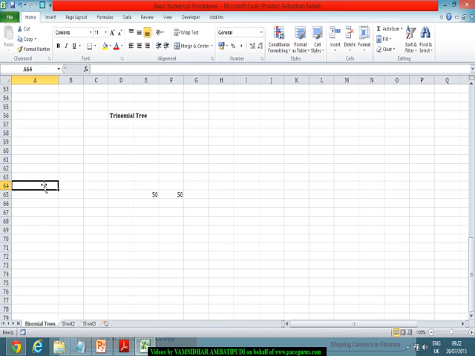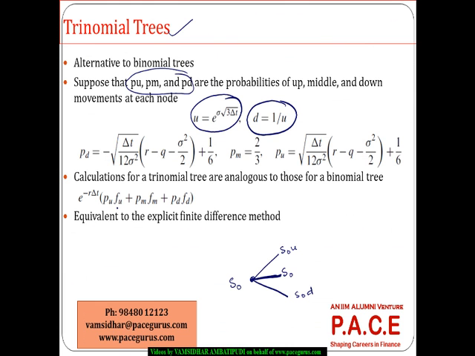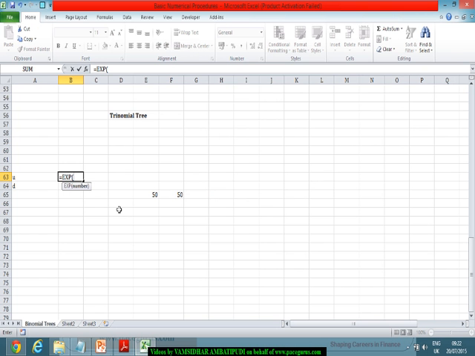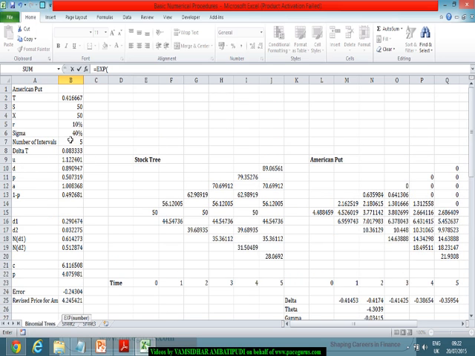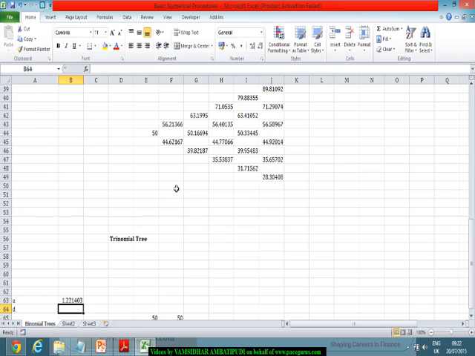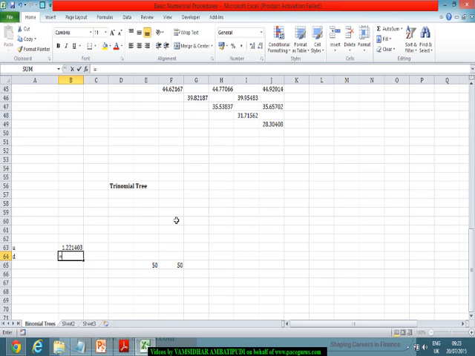Here if I compute the up and the down, the up is e to the power of sigma into square root of 3 times delta t, which works out to be the up movement, and down is 1 by up.